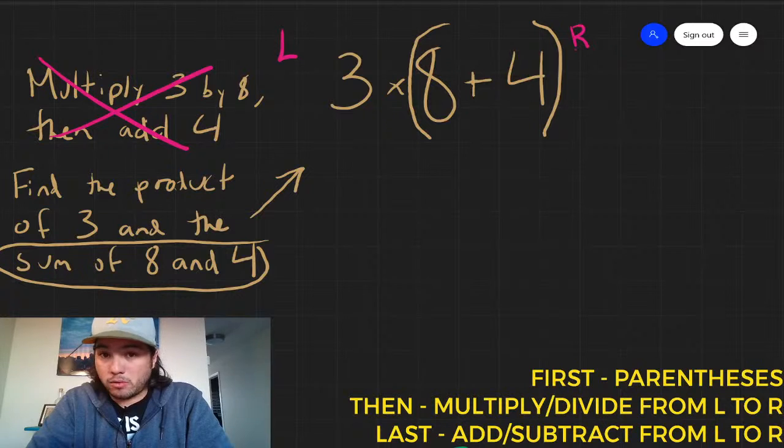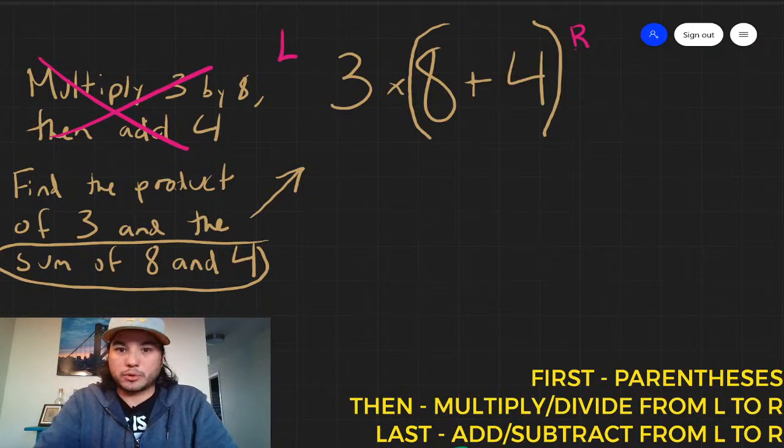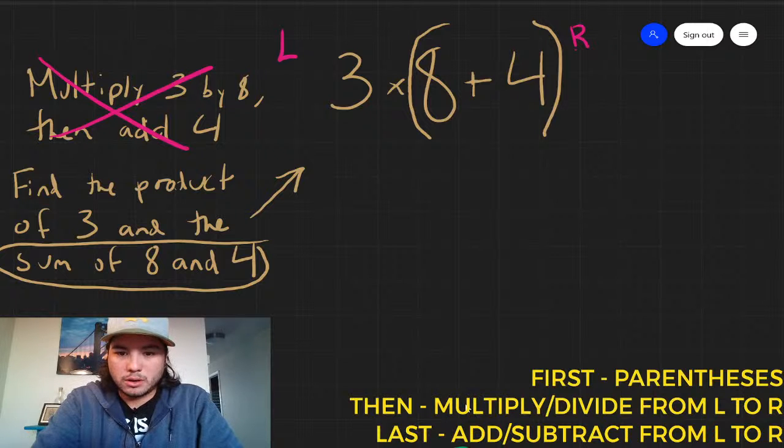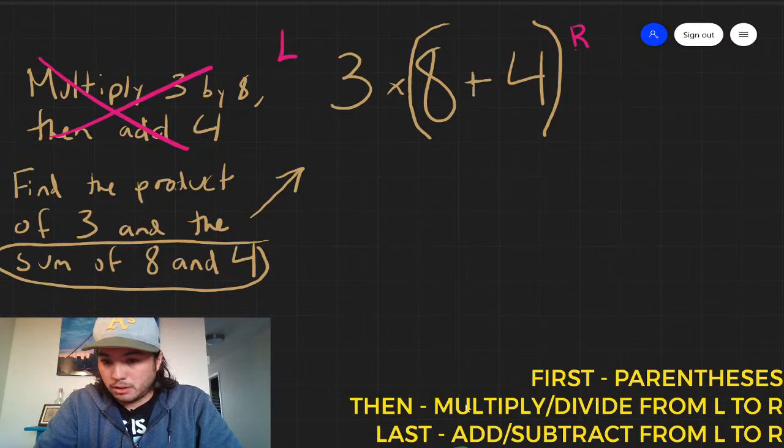Now our expression has changed because rather than doing 3 times 8 first, we're going to do 8 plus 4 first and then multiply it by 3. And as Mars notes, you could actually put the 8 plus 4 first, and that's okay.